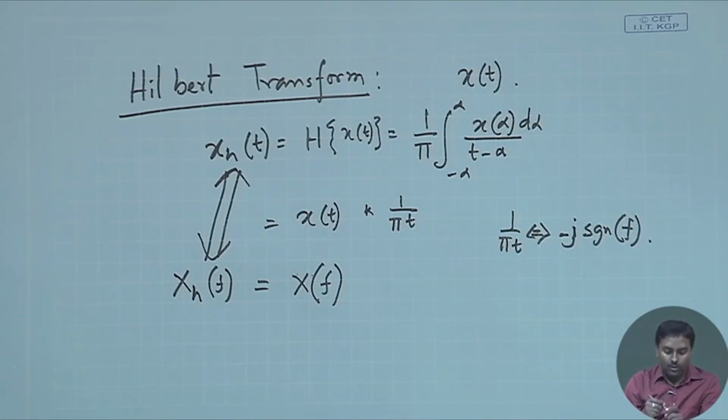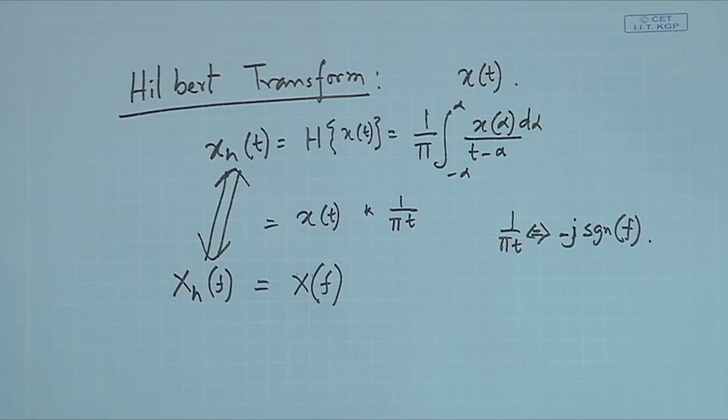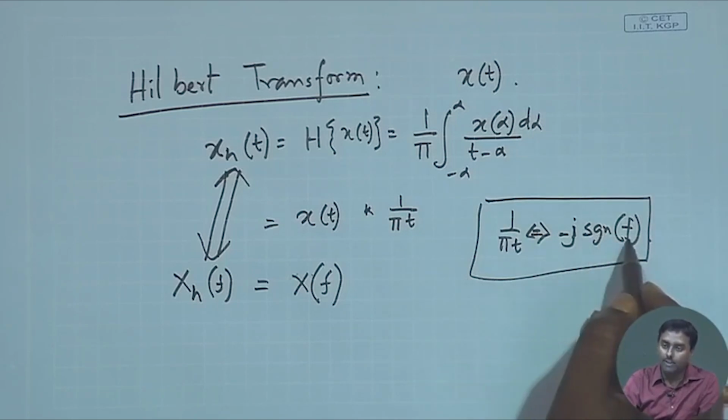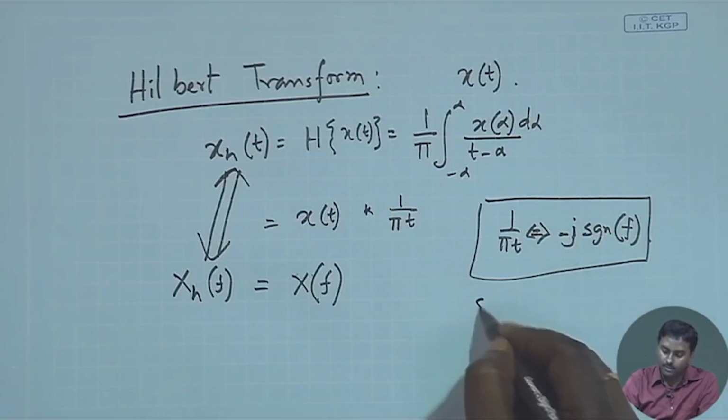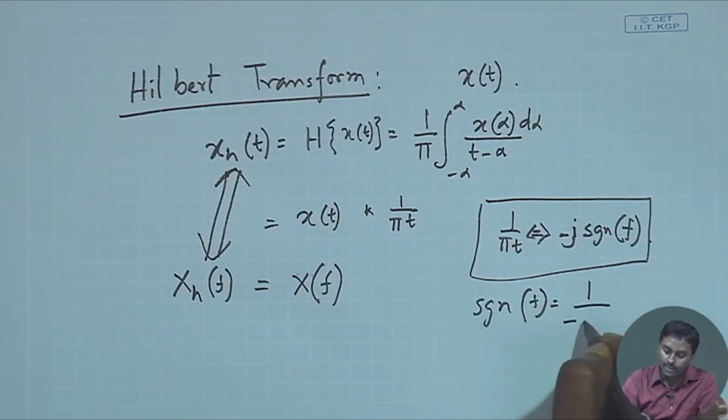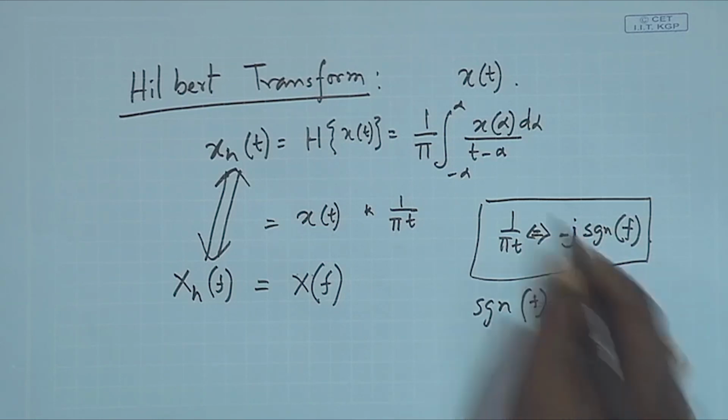And we also know the duality property, which I can use. If you utilize those two things, you will see that signum f is actually the Fourier transform of minus 1 by j pi t. So from there we get this conjugation.